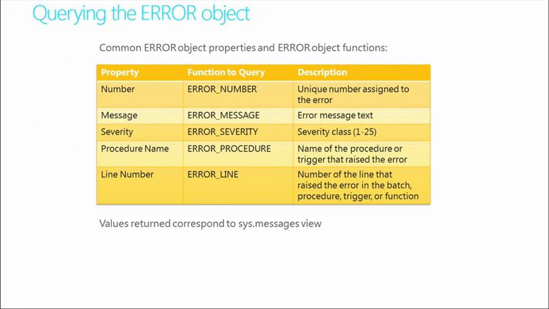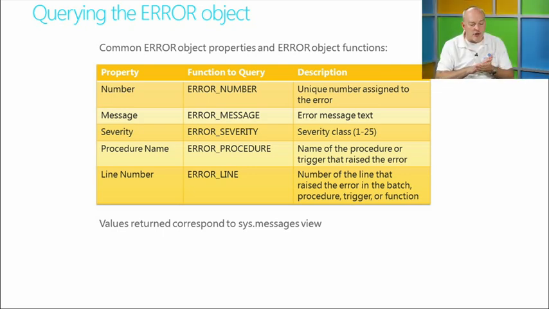Now we can also query the error object. Common error object properties that you'll find are error number, error message, error severity, error procedure, and error line. Those are functions that we can query. The property associated with them is on the left-hand side and the descriptions are on the right-hand side. If you remember that raise error message you saw earlier, there were a couple of numbers associated with it: a severity level number and an error number, and a state number.